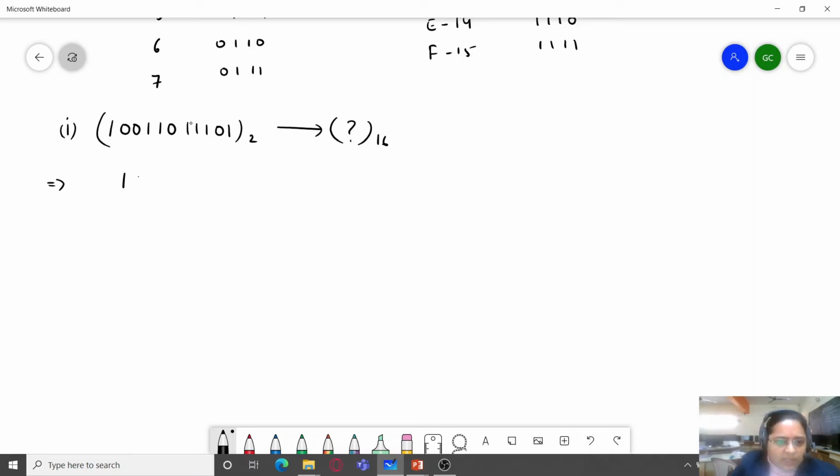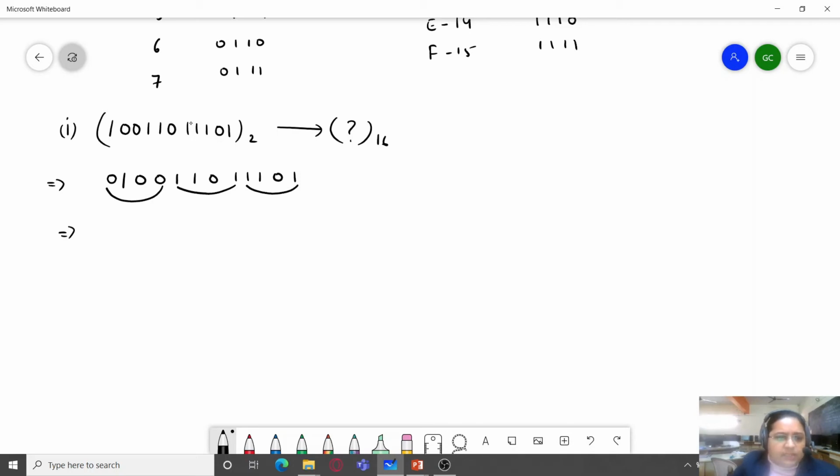We will first write all the digits placed properly, and we will start grouping the digits in the same way as we did for binary to octal. Only thing, we will be now making quads of the number. That is, we would be grouping 4 digits each. So you can see that we formed 2 groups, but the third group is short of 1 bit. So, just like the previous case, we will be adding one leading 0 and completing the group.